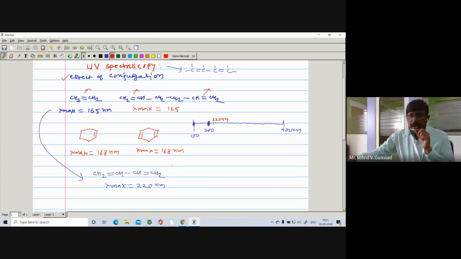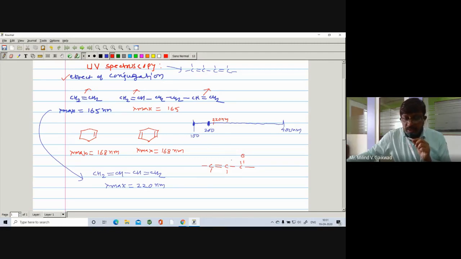Okay, so again we have to see some problems on this. Here also, suppose there is a pi bond, a C=C, and here is a C=O. If you take carbon double bond and C=O separately, they will appear below 200.